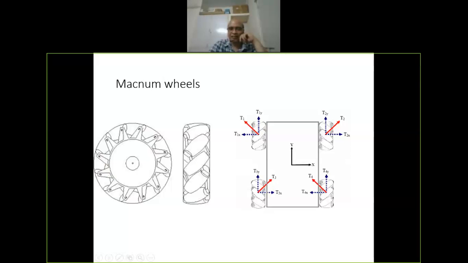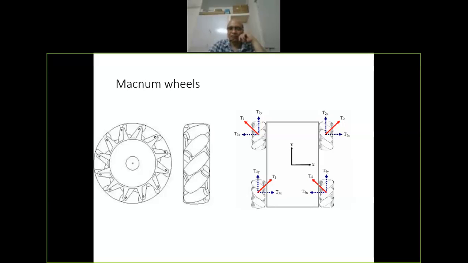In the right side figure, the red line shows the direction of the forces or the component of the velocities. The component of the velocity will be normal to that roller, which means it is not in the forward direction, it has an angle. So by rotating the wheels in different directions, you can control the direction of this vehicle.